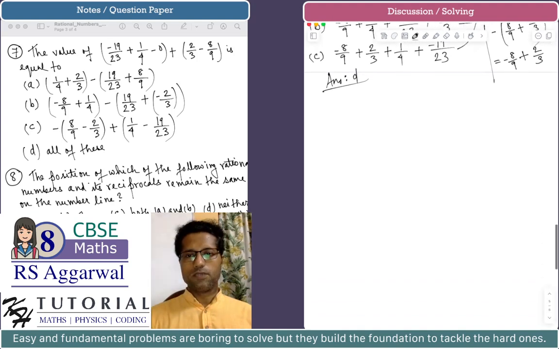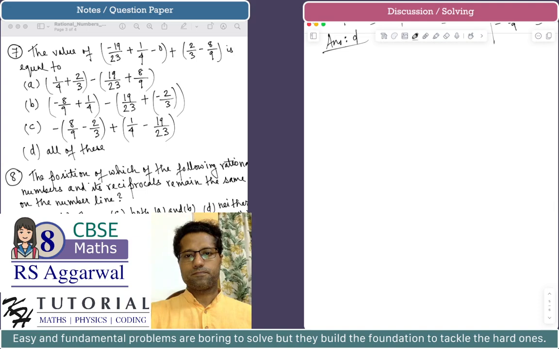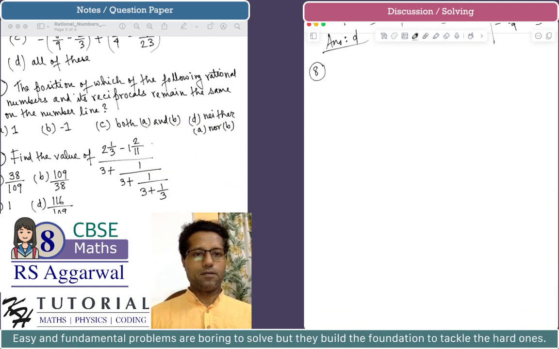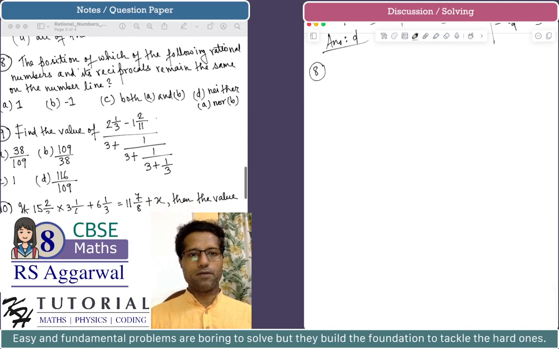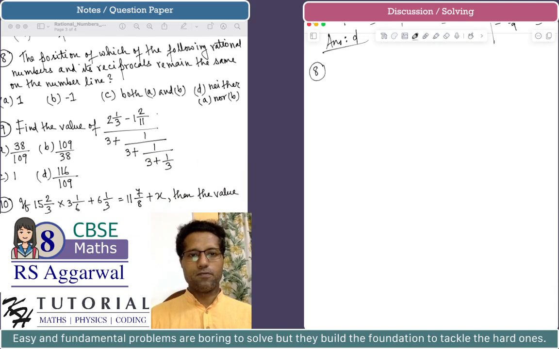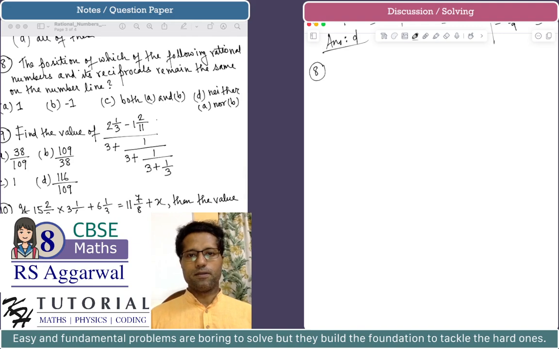Okay, let's do problem number 8. It is saying the position of which of the following rational numbers and its reciprocals remain the same on the number line.